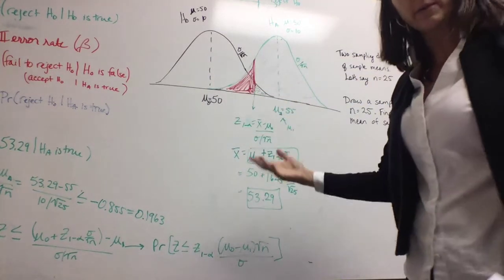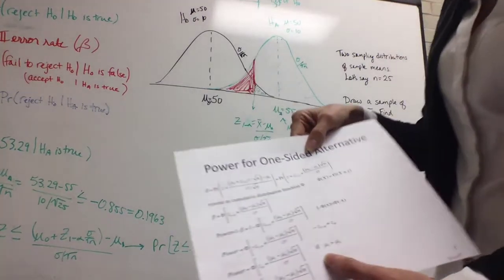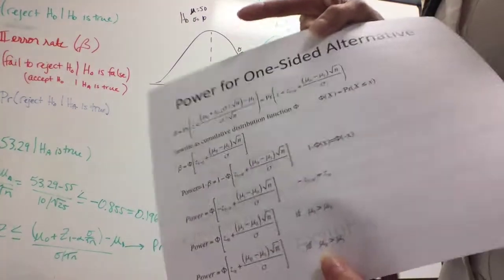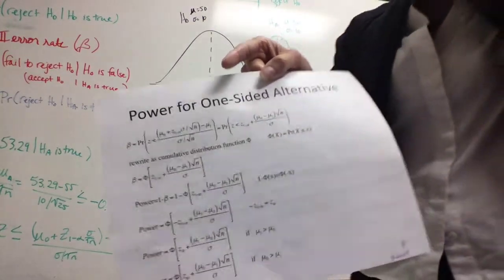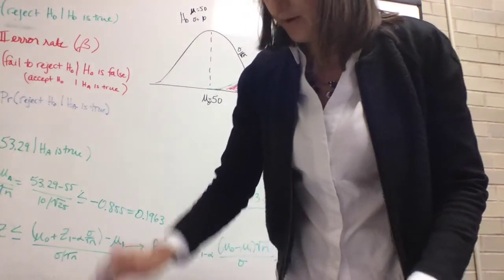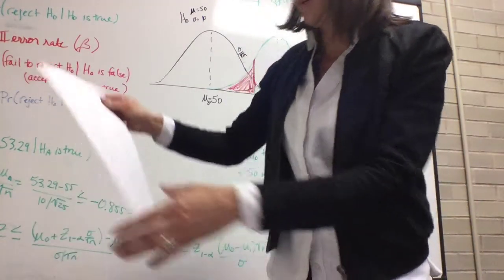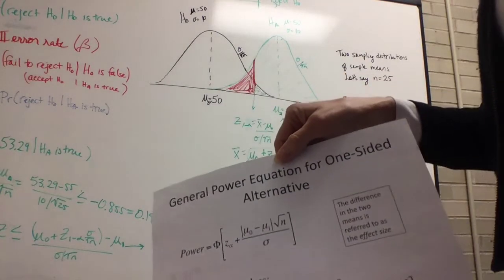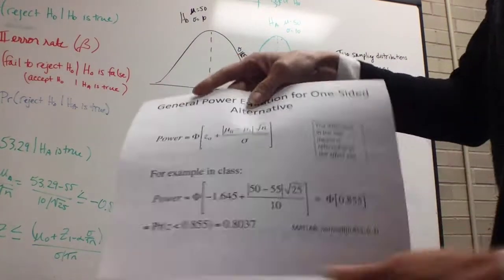In which case, we come up with a different expression for beta, with mu naught greater than mu1 on the bottom. But of course, a lot of times we take care of those differences with the absolute values, so that we can consolidate into one expression.